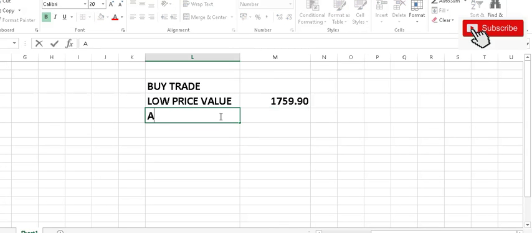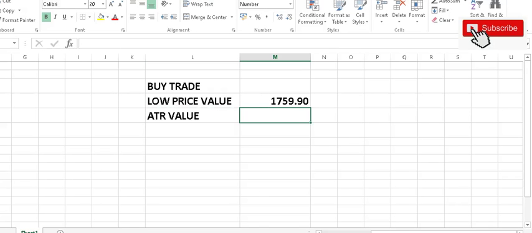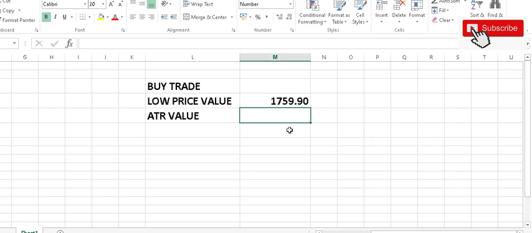Then the ATR value. This is my ATR value. So what's the ATR value for that particular candlestick? Let's go to it. The ATR value is 6.4393.